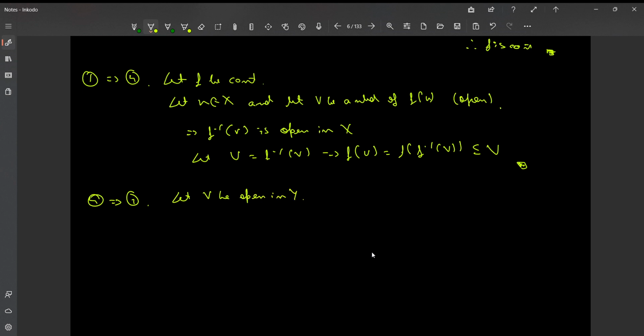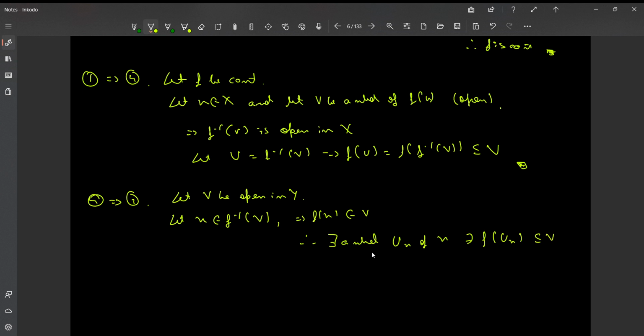Let us show how 4 implies 1. So let V be open in Y. Let x be an element from f inverse V. Then that obviously implies f(x) is contained in V. Now 4 is true, right?